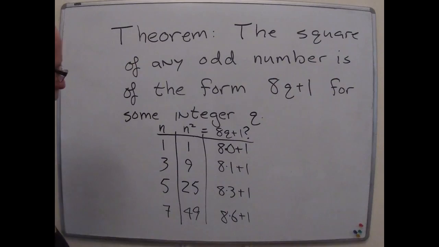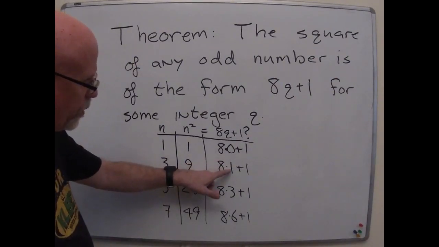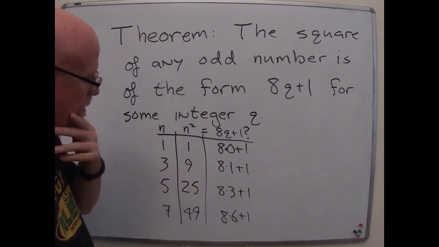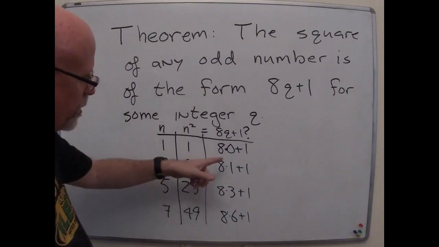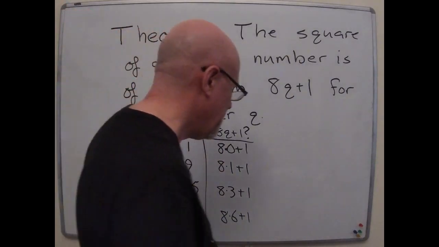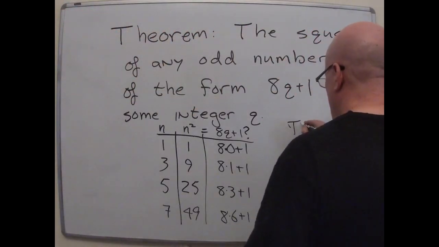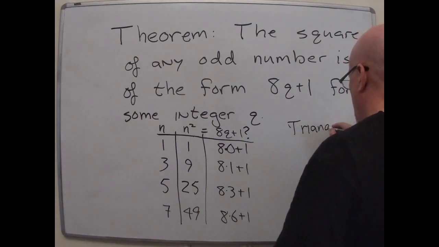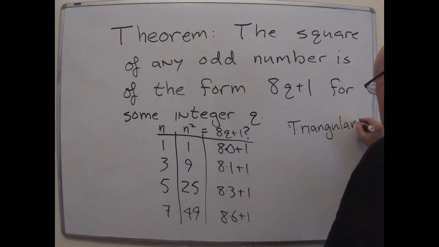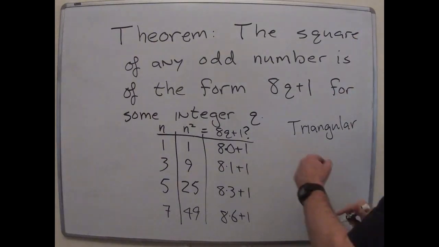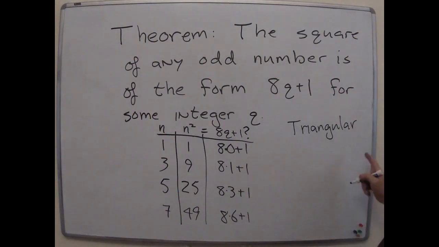In fact, it's interesting what these numbers are. 0, 1, 3, 6. I don't know if you've spotted those before. Those are called triangular numbers. I don't know why they just happen to show up in this. Well, maybe I do, but anyway, triangular numbers are numbers that can be expressed as a triangular array of dots.